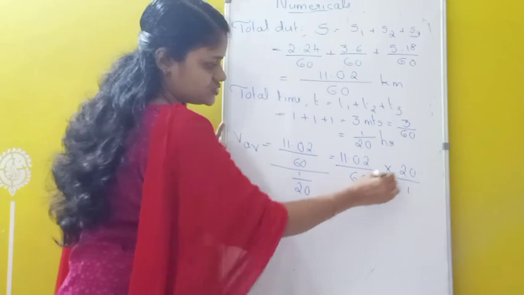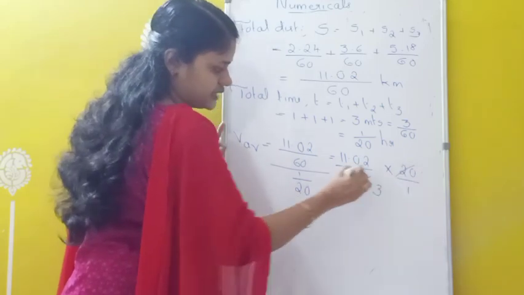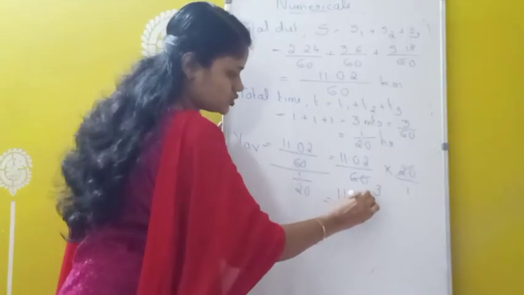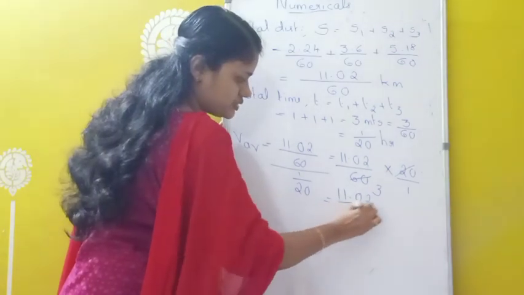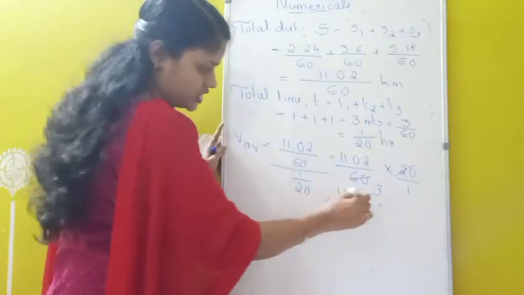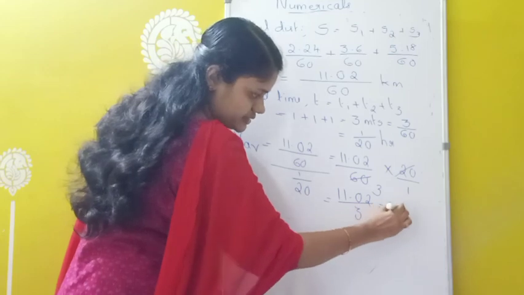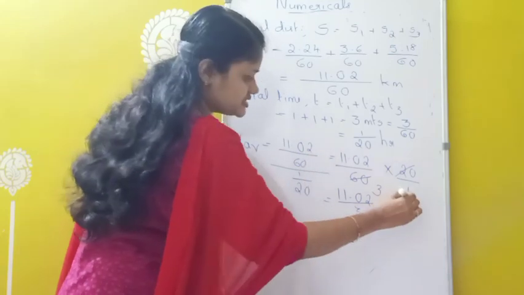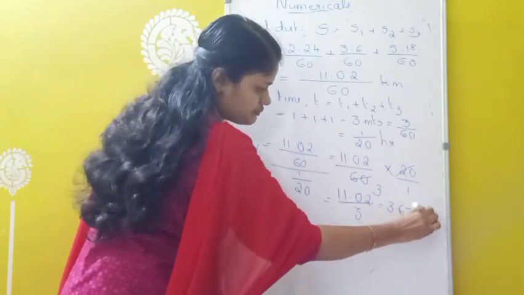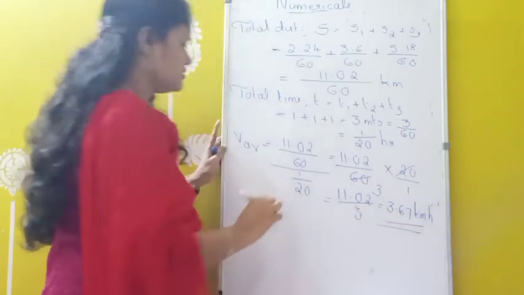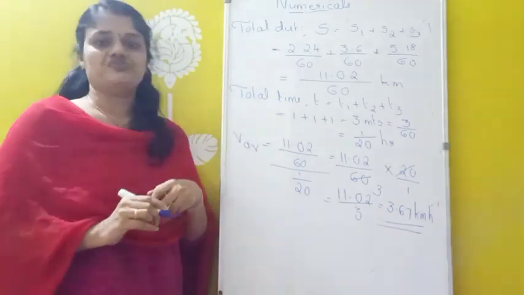Here 20 and 60 cancel 3 times. So 11.02 by 3. When you simplify, you will get nearly 3.67. What is the unit? Kilometer per hour. So this is the average velocity of this car.